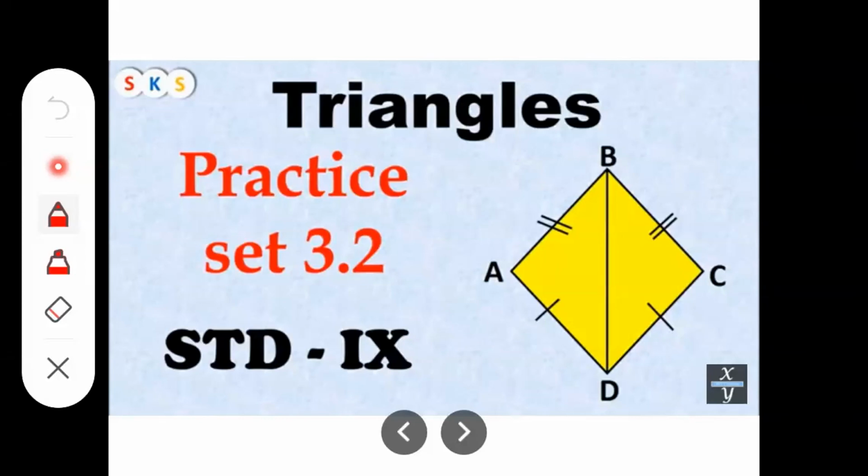I will just explain in short, just listen carefully, that there are different tests of congruency of triangles. Those are the SSS test, that means side-side-side test, then the ASA test. Here I will write those.